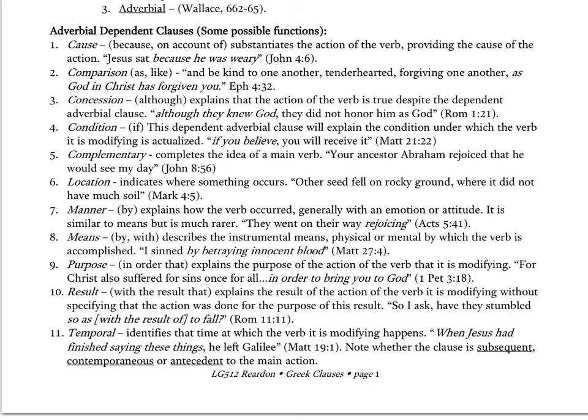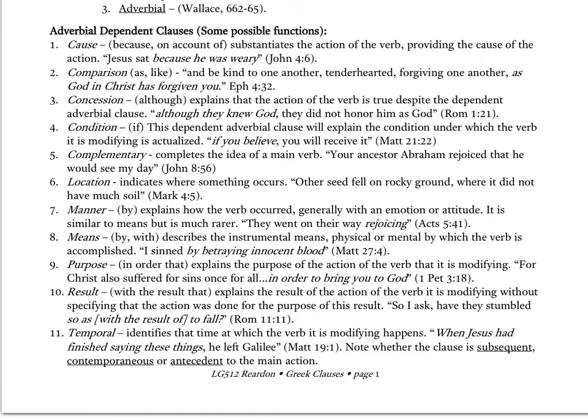The example that I have here is Jesus sat because he was weary. Now, your main clause, or your main sentence, is Jesus sat. That's the independent clause. But then we have this dependent clause, because he was weary. And that modifies the sat, right?